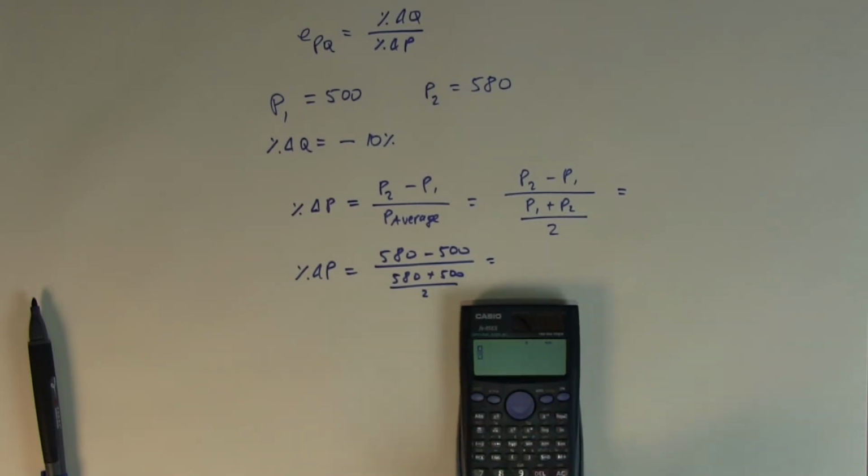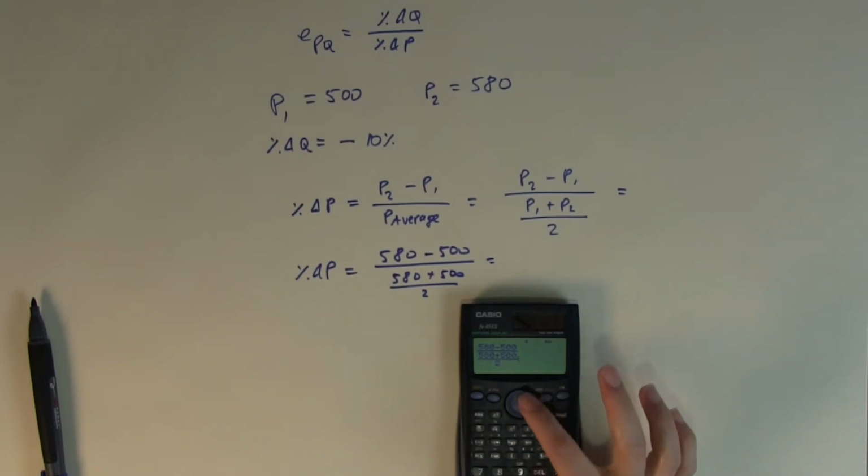On top of the fraction, I need 580 minus 500. And at the bottom of the fraction, I need another fraction. So I'm going to press the fraction button again. And at the top of the bottom fraction will be 580 plus 500. Come down again, put the 2 in, then come out of all of them, and then hit equal.